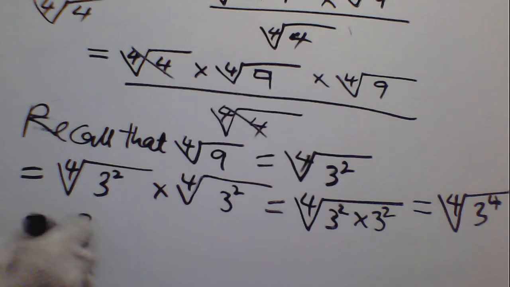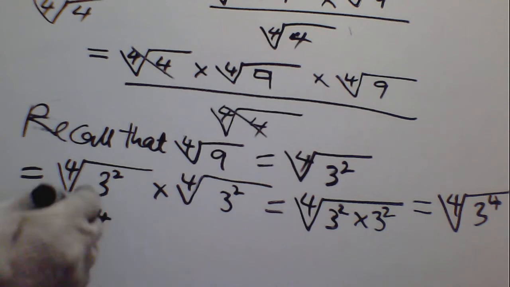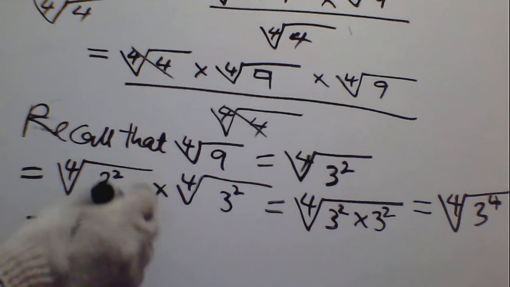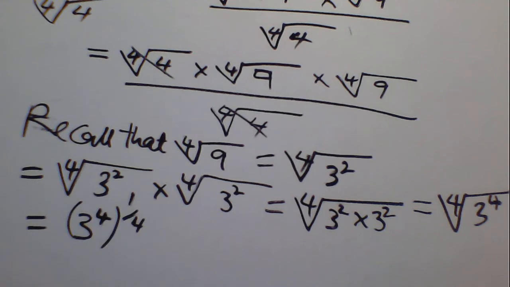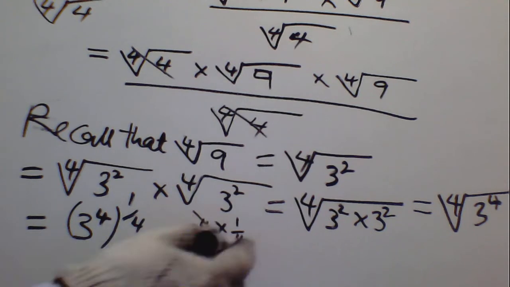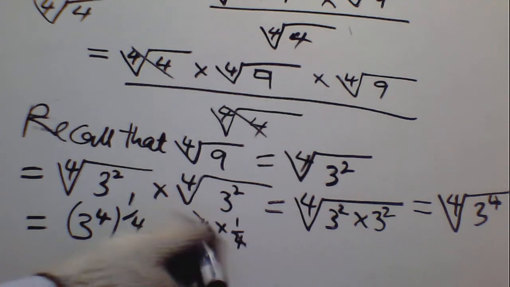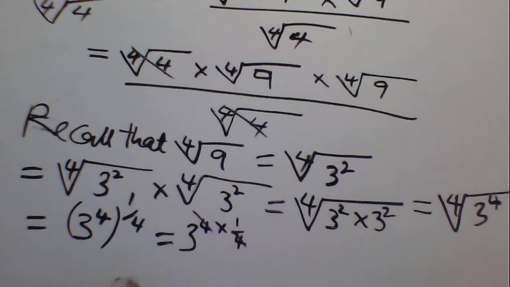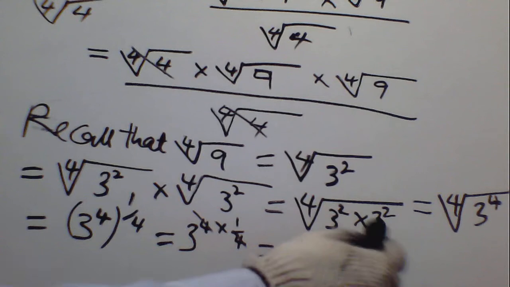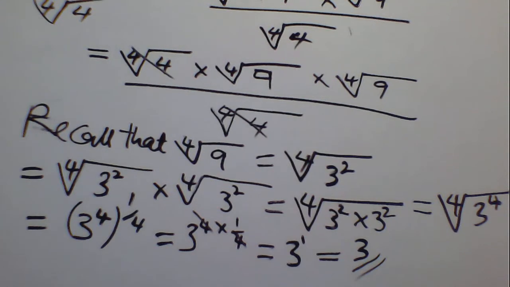So this is the same as 3 raised to power 4, in bracket, 1 over 4. So from here, if you open the bracket, you have 4 times 1 over 4. So this can cancel out because 4 times 1 over 4 is equal to 1. So in this case, we have 3 raised to power 1. And any number raised to power 1 is the same number. So the simplification gives us 3.